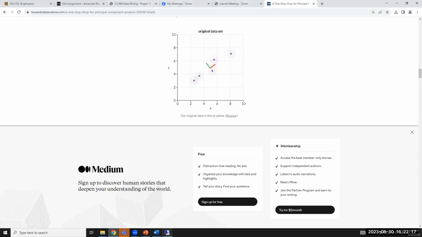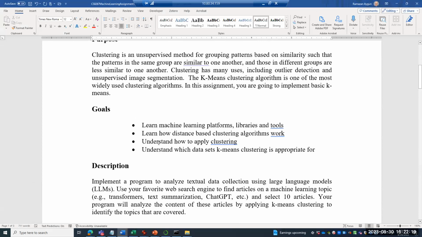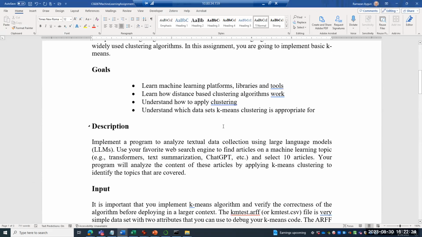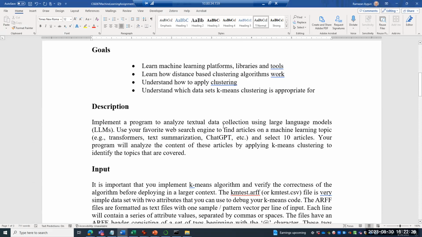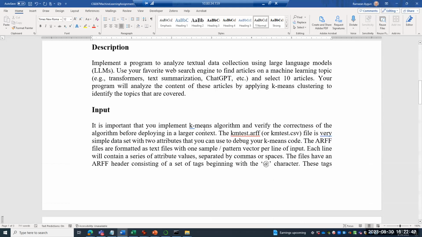Now, let me go back to this assignment. This is the general purpose of the assignment. You are going to use large language models, and they are already available, but the starting point is typically the most difficult. So use your favorite search engine, select the 10 articles, and then apply k-means plus identifier.